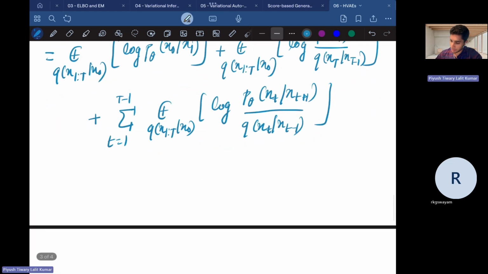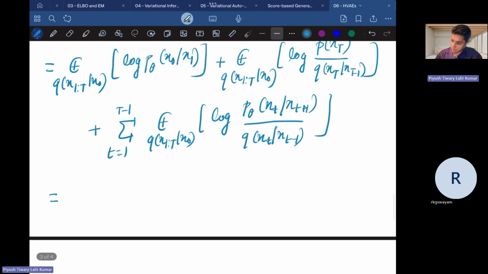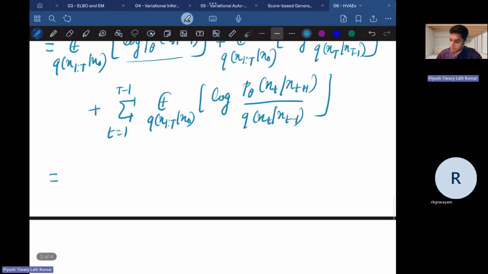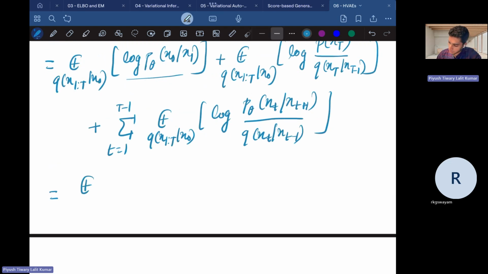For example, the first expectation, the quantity inside depends only on x naught and x1, so you can take the expectation with respect to q of x1 given x naught. All the other things you can ignore because they don't depend on whatever is inside: log p theta of x naught given x1.